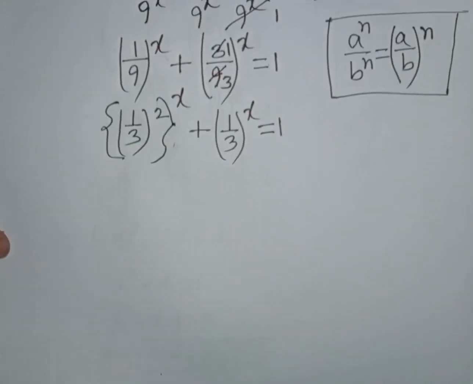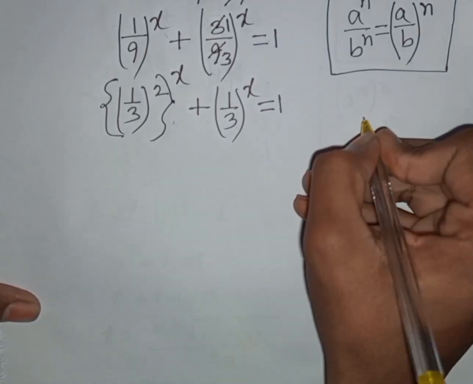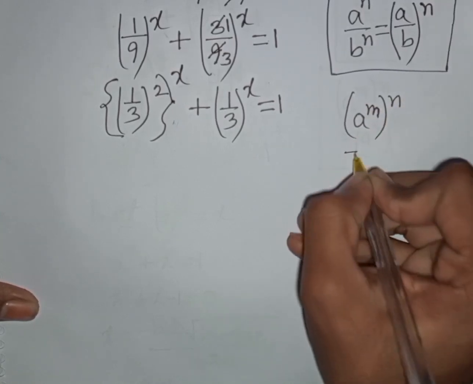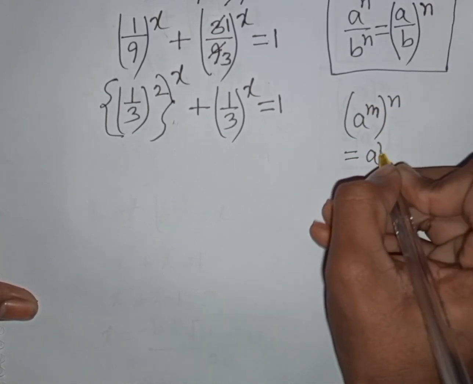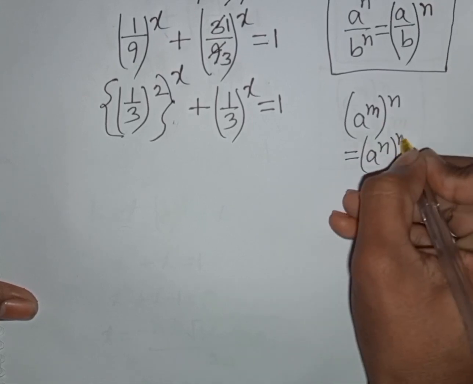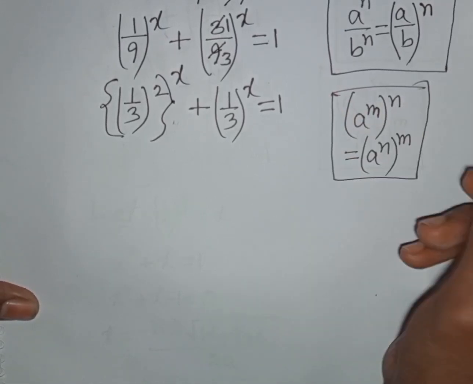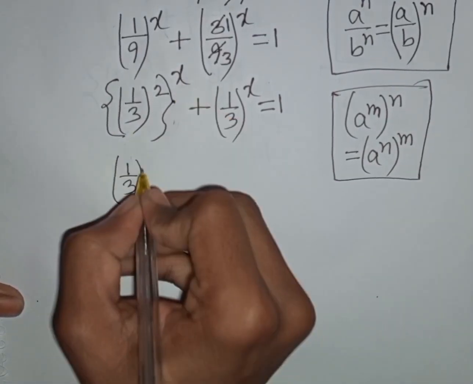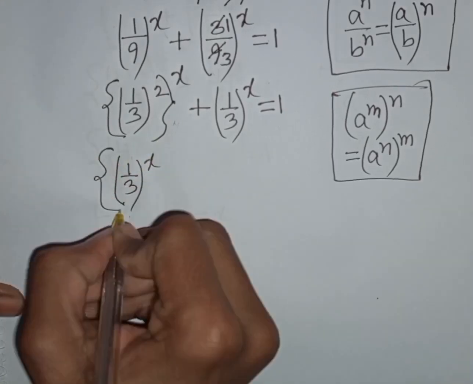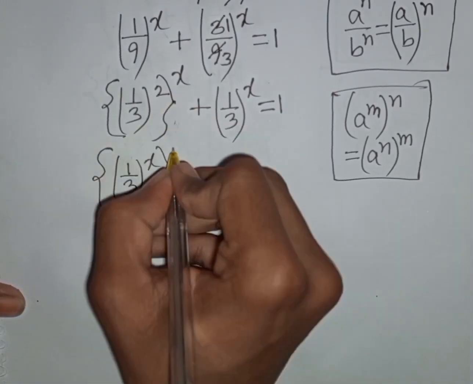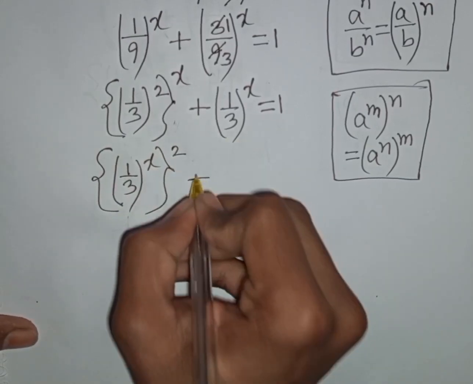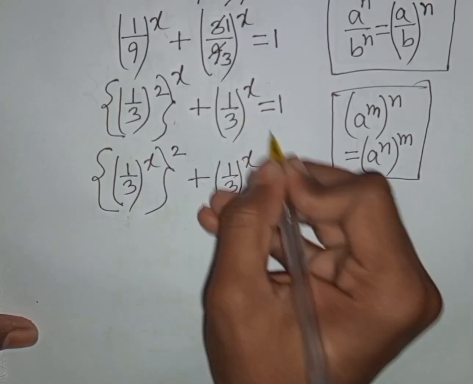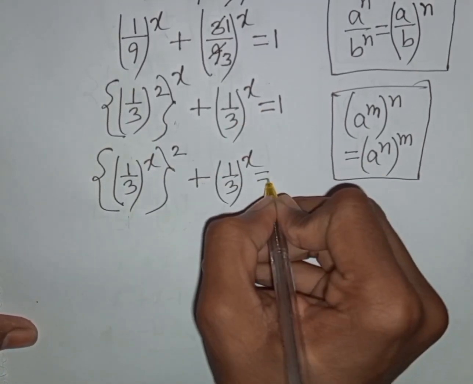Now here you can apply this exponential rule that (a^m)^n is equal to (a^n)^m. So according to this rule I can write here ((1/3)^x)^2 plus (1/3)^x is equal to 1.